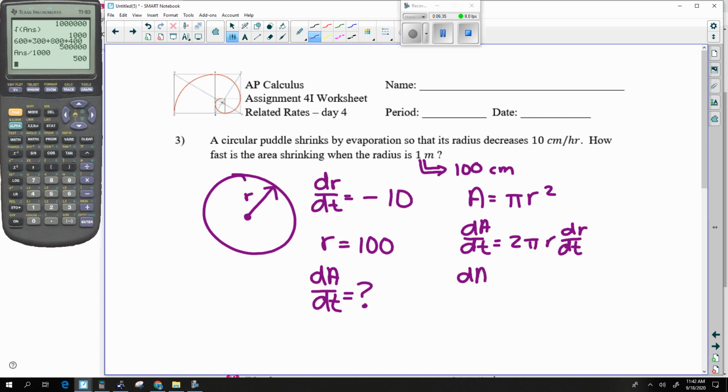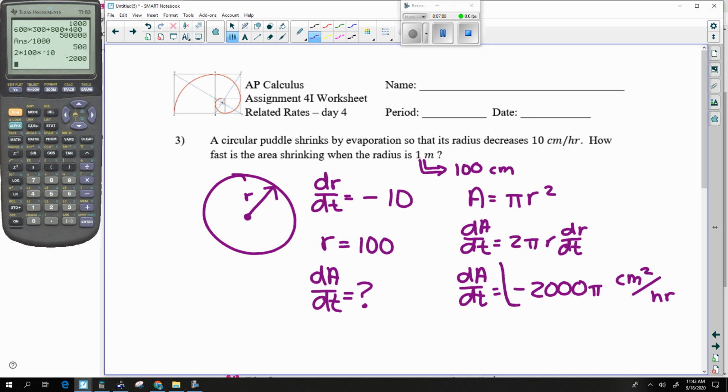Plugging and chugging, dA/dt is equal to 2 pi r, where r is 100, times dr, negative 10. So that's negative 2,000 pi. The top is area, so that's centimeters squared, and the bottom is time, which is hours.